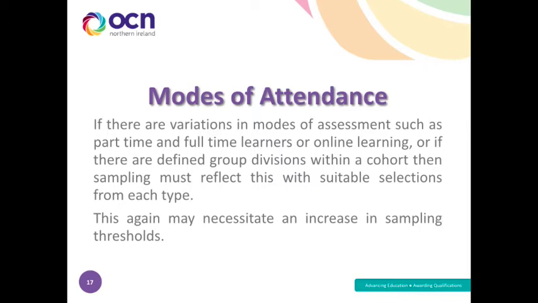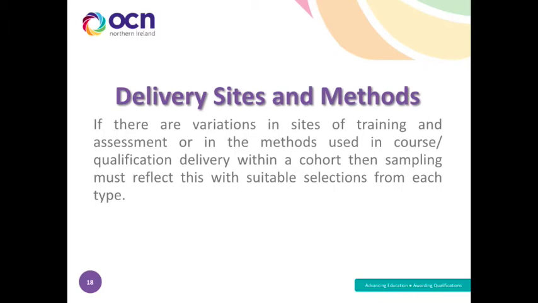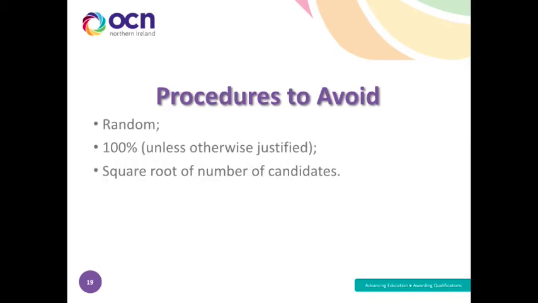Again, this could necessitate an increase in your sampling thresholds. If there are variations in sites for training and assessment, then sampling must reflect this with suitable selections from each location or each type. So structural processes present in themselves a risk, and we need you to structure your sampling process in accordance with that to ensure that risk is addressed.